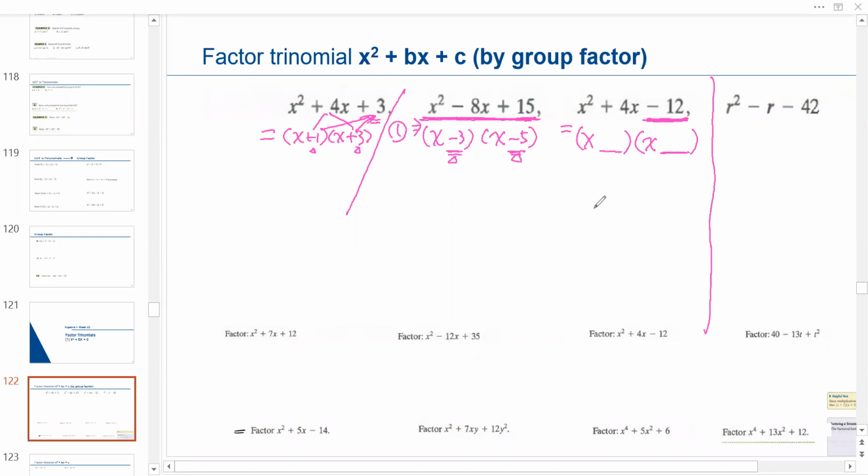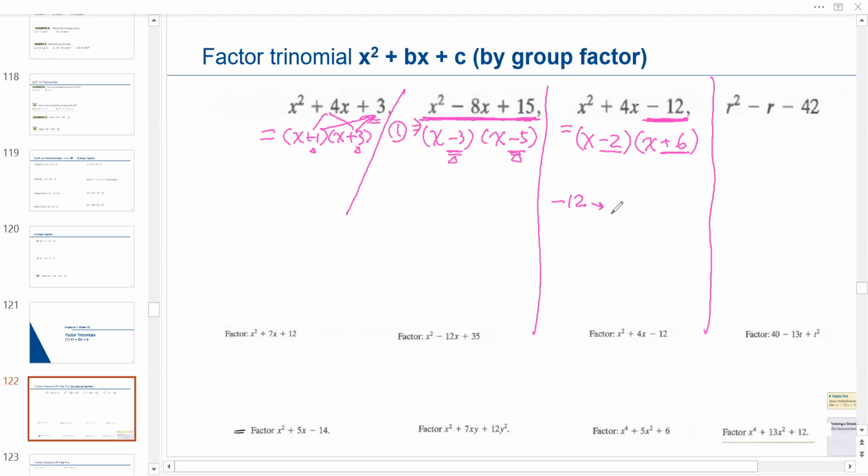Can you find out? 12, -12. -12. 2 and 6. Say it again. -2 and 6. -2, +6. Exactly. Yep.